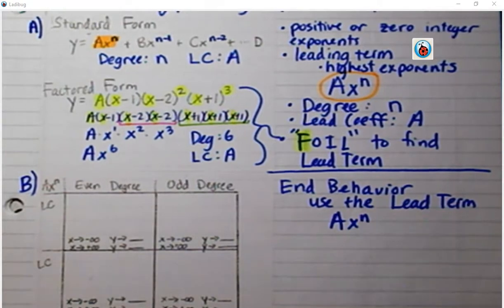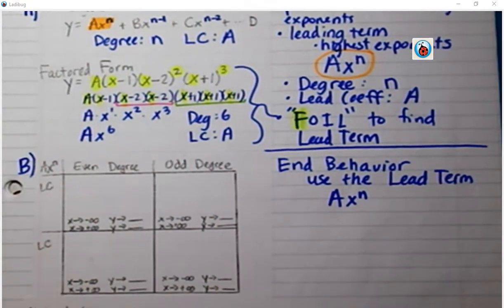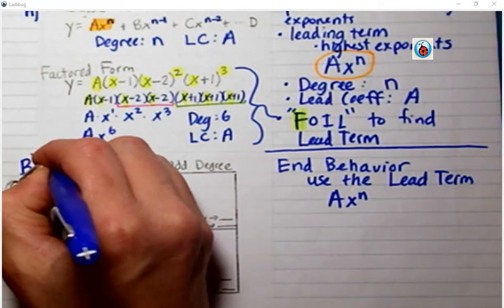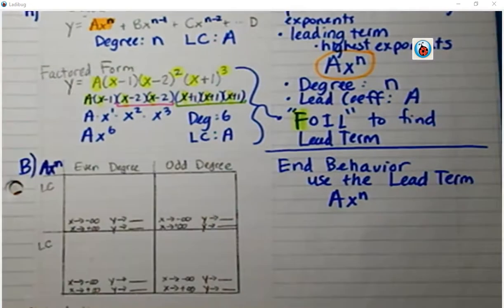Okay? When you use the leading term, ax to the n, right? First, you do leading term. Then, you do end behavior. And then last, you put it all together.